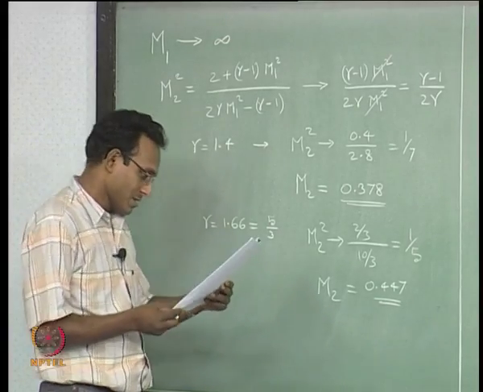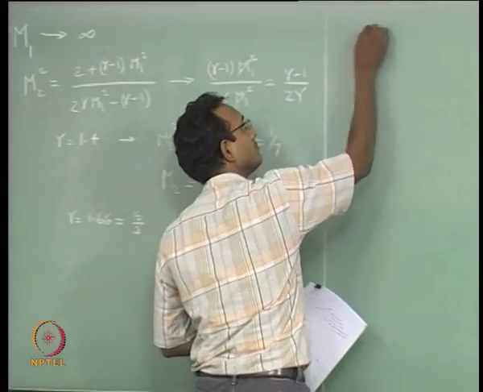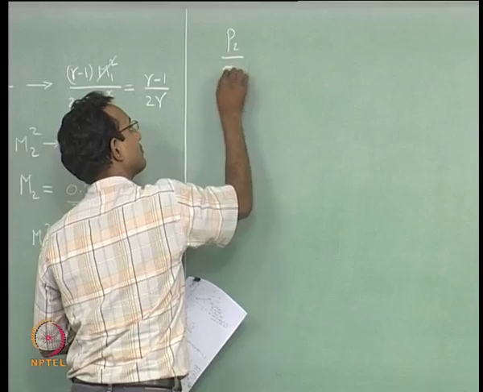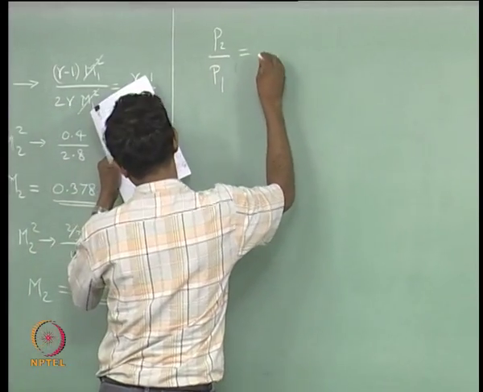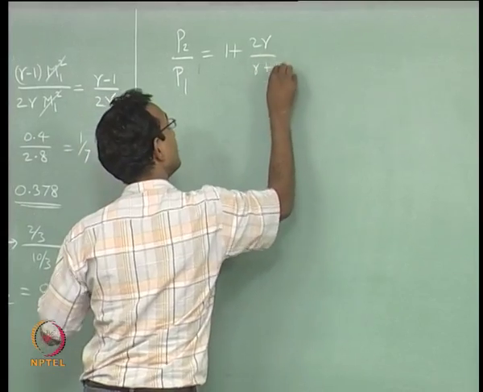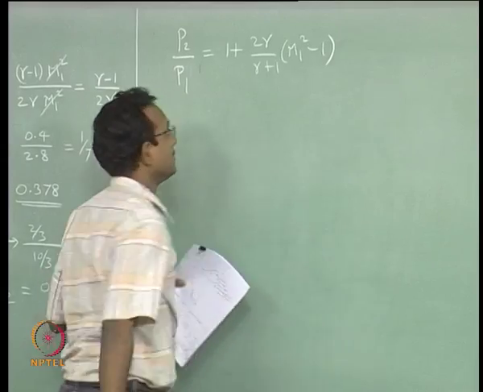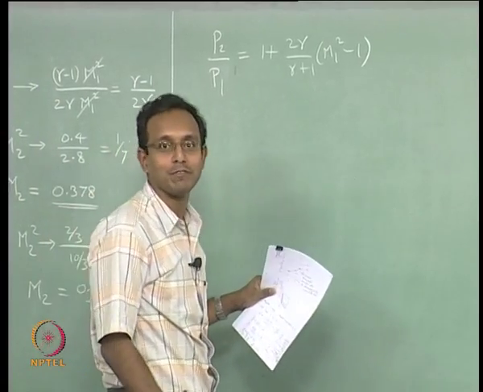What will happen to the pressure ratio? We had this formula, very easy to remember one. So, we will just keep it this way. This was one of the forms of P2 by P1 we had.